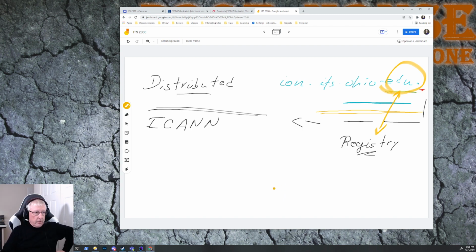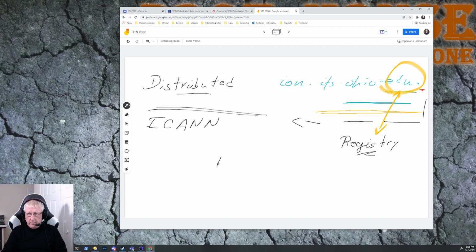I haven't really noticed what the purpose of that was, but it was unlimited access, and so I got a name in it. So ICANN will certify registries and also govern what top-level domains are actually valid and entered into the system.